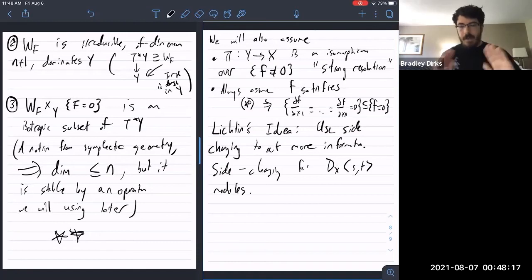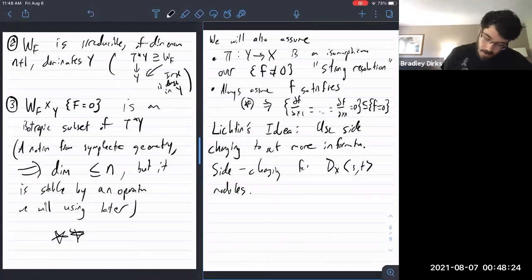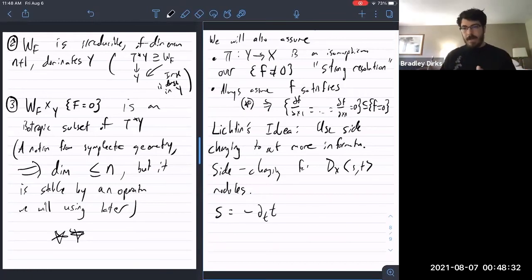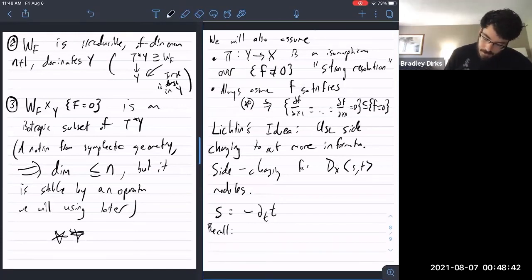This part is not really going to matter because we're going to side change and side change back, and that undoes the operation. But recall that s is equal to negative ∂_t t. The way we defined ∂_t was negative s t inverse. And so if we side change, recall the side change operation takes P, which is this sum of P_alpha(x) ∂^alpha, and maps it to the sum of negative ∂^alpha P_alpha(x).